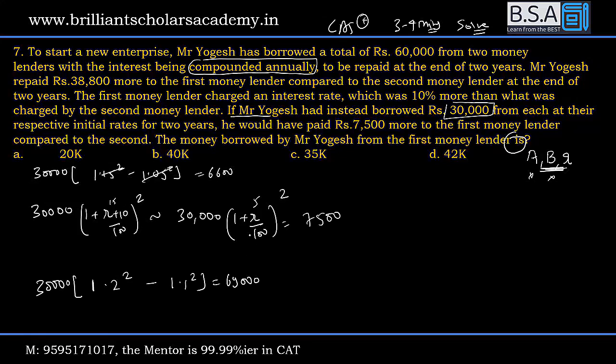I'm using 15% now, just testing. So this becomes 1.25 square and 1.15 square. If you don't want to do this, you can create a quadratic and solve. Even with 15%, I'm able to reach only 7,200 rupees. It goes beyond 15%.